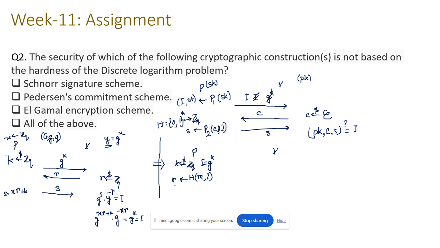Now, if r is generated, then S is generated in the same manner, that is rx plus k, and then it communicates r and S to the verifier V. Now I is not communicated to the verifier V, but it can still verify by raising g to the power s, and it also gets the message.